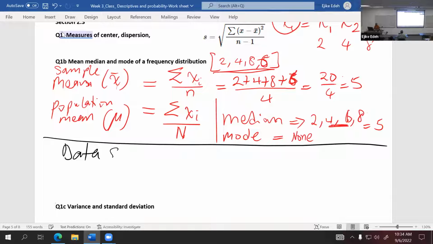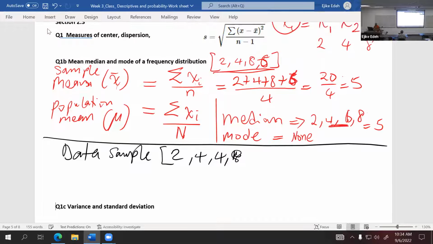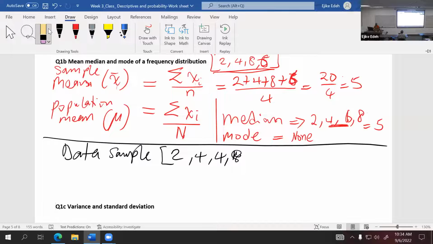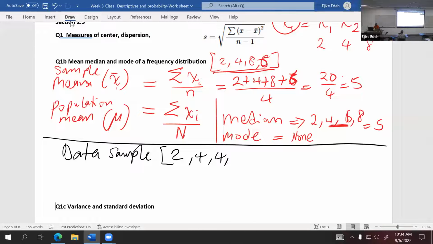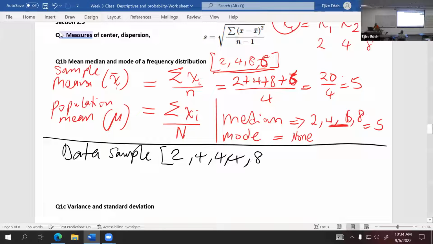So let's say, instead of this, I have 2, 4, another 4, 8. Let's say one more 4, and then I have 8, another 8, and then I have 1, 6. Let's work with this.